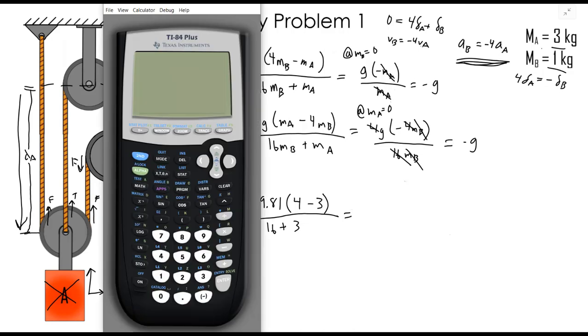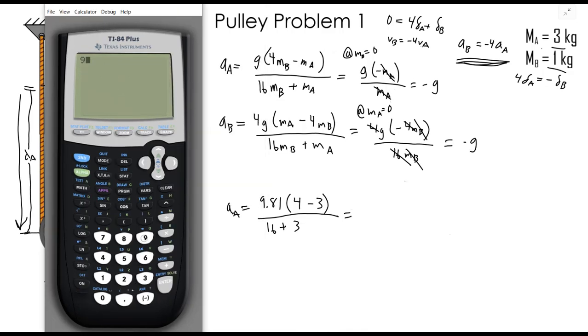So go to our trusty calculator. Let's turn it on. I feel weird turning on an emulator. So we have 9.81, and then literally this is just going to be 1, divided by 19.